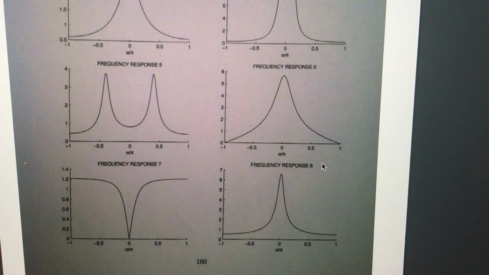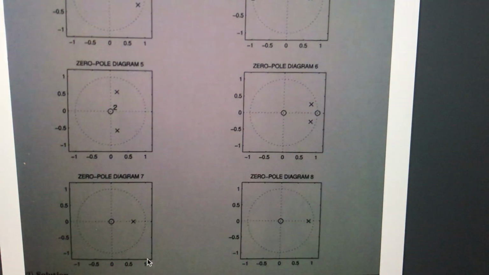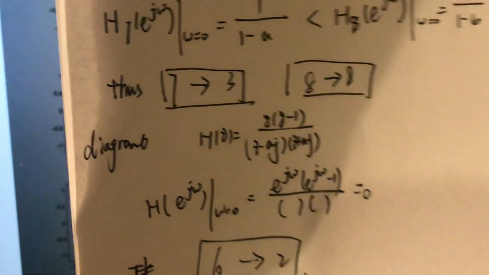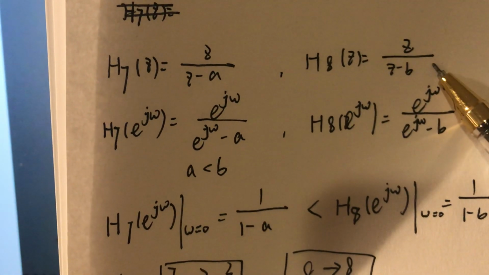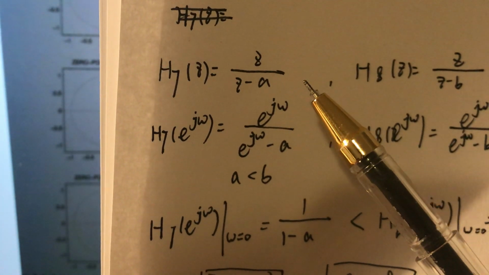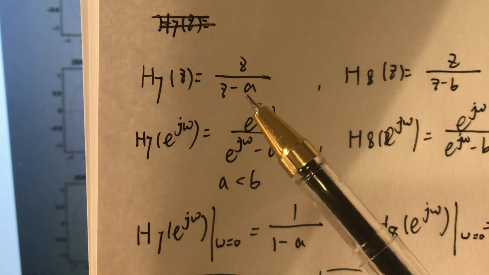So next one, we're going to talk about diagram 7 and 8, because we could say that the difference between diagram 7 and diagram 8 is the distance between the pole point and 0 point. So we could get the function of diagram 7 and diagram 8. The pole equal to 0 and the 0 equal to something that's bigger than 1/2 but less than 1.